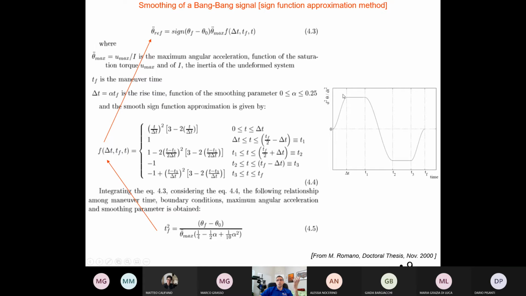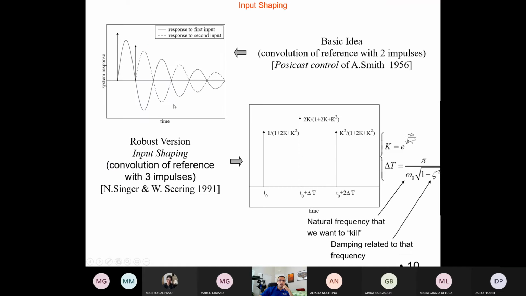If you were doing a maneuver that is exactly bang-bang, it would take less time to reorient everything, but in this case, you cannot. And this is actually in a thesis from my former postdoc advisor, Professor Romano, who's at the Naval Postgraduate School. He used this technique for some experiments.